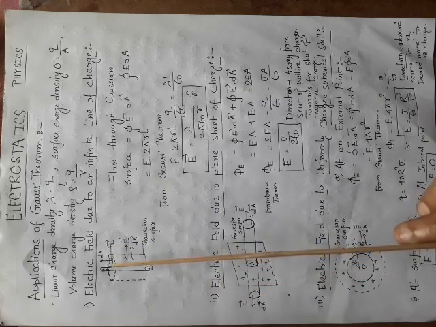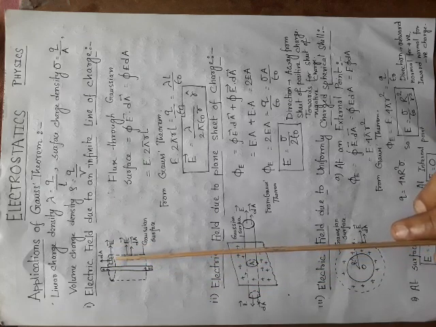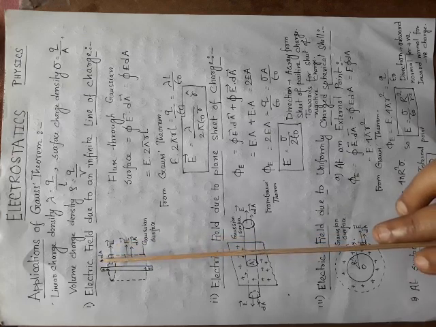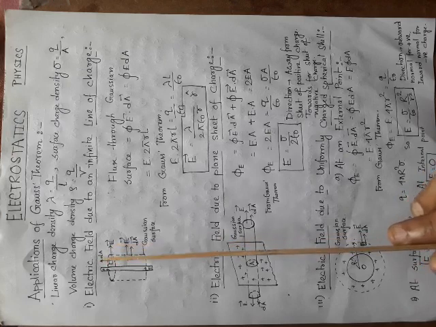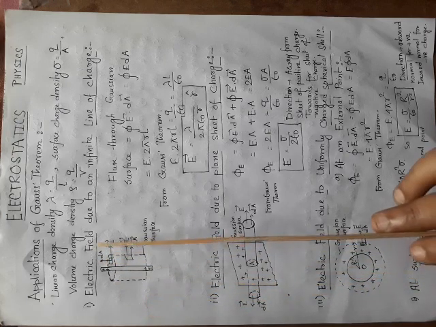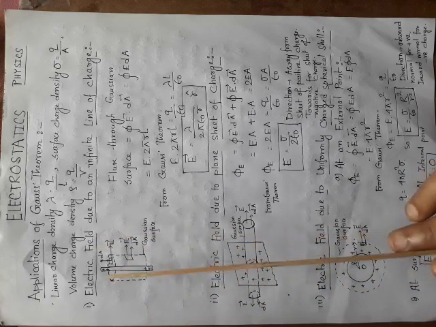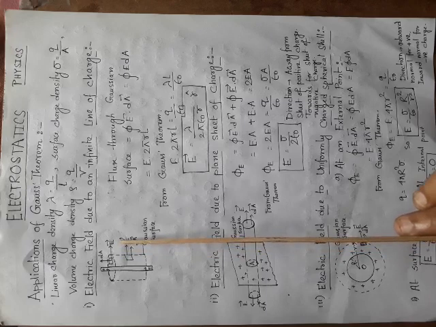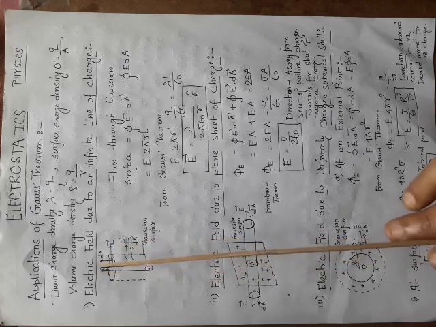At its two ends, as per the diagram, the direction of E and the direction of area vector dA are both perpendicular to each other. Therefore, the flux E dot dA is E dA cos 90 degree, which is equal to 0 for the two ends.